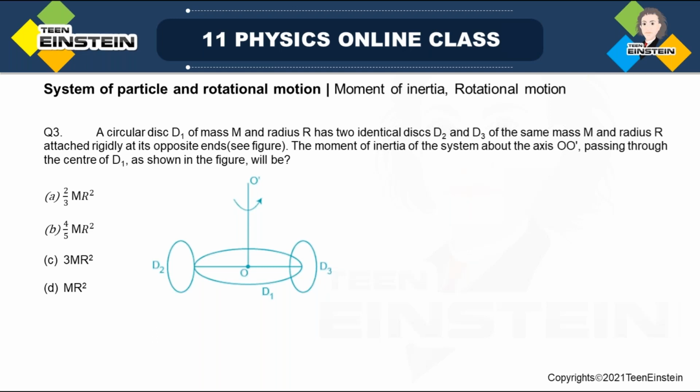That is, a circular disk D1 of mass M and radius capital R has two identical disks, D2 and D3, of the same mass and same radius.